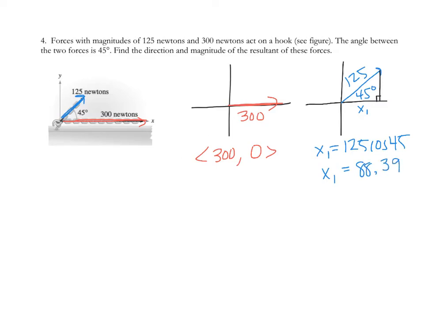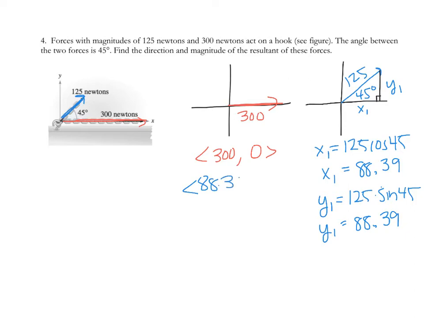And then we also need to find the y component, call that y1. y1 is going to be 125, we're going to use sine, times the sine of 45 degrees. y1 ends up being 88.39 as well, because this is an isosceles triangle, so they're the same. So that gives me that in component form, that one is 88.39, comma 88.39, and then we just need to combine those to find the resultant vector.